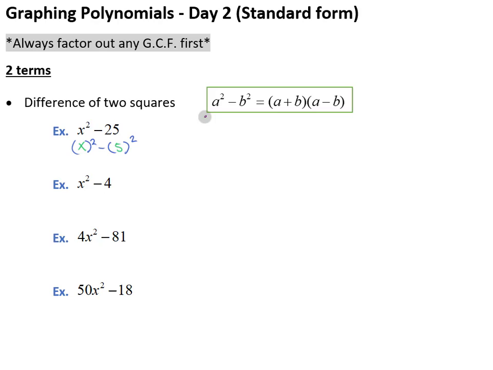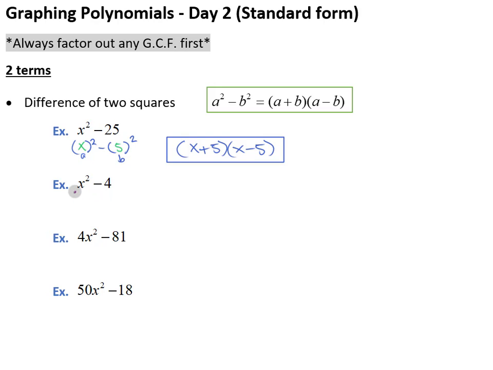We'd use those as the a and b values. So we can think of that as our a value, and that is our b value. And then we're just going to follow this pattern, a plus b times a minus b: x plus 5 times x minus 5. And that's it. x squared minus 25 factors out as x plus 5 times x minus 5.